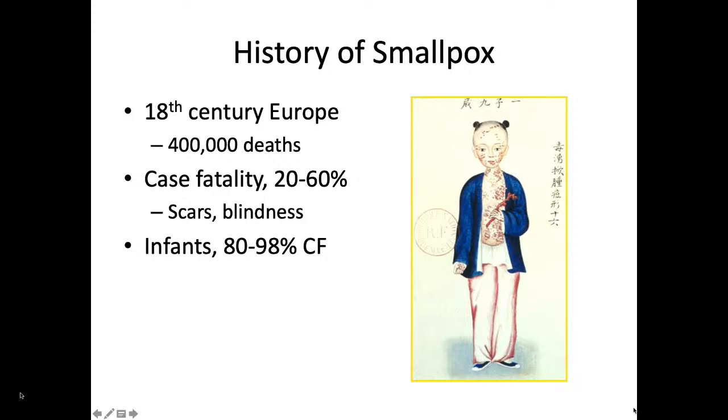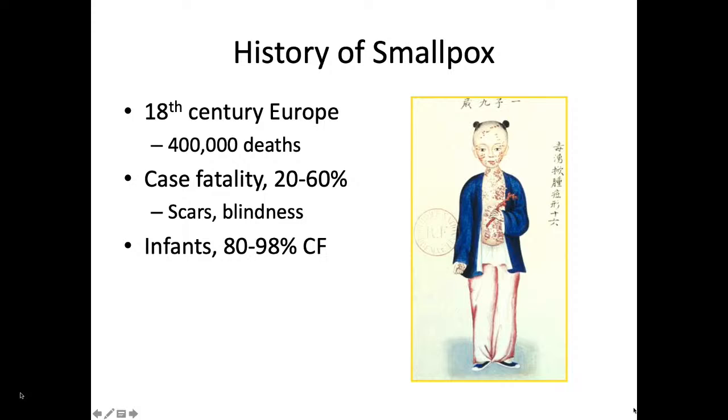We see stories from China, other Asian countries, in Europe. So it was a devastating infection, and mortality rate could reach up to 60%.